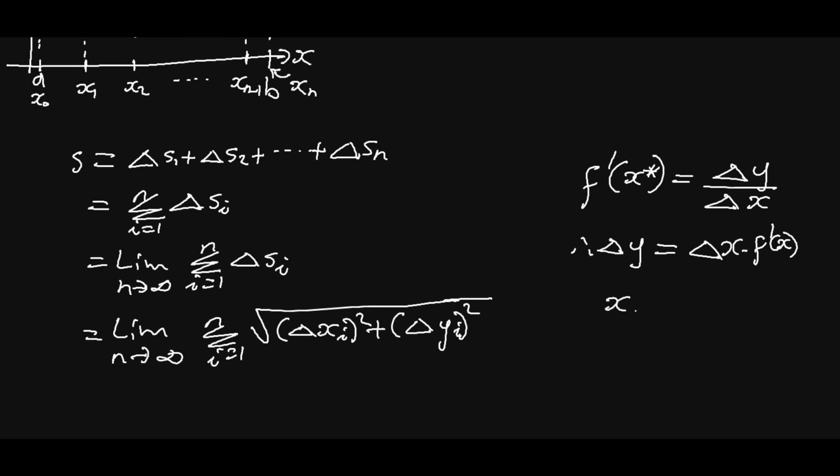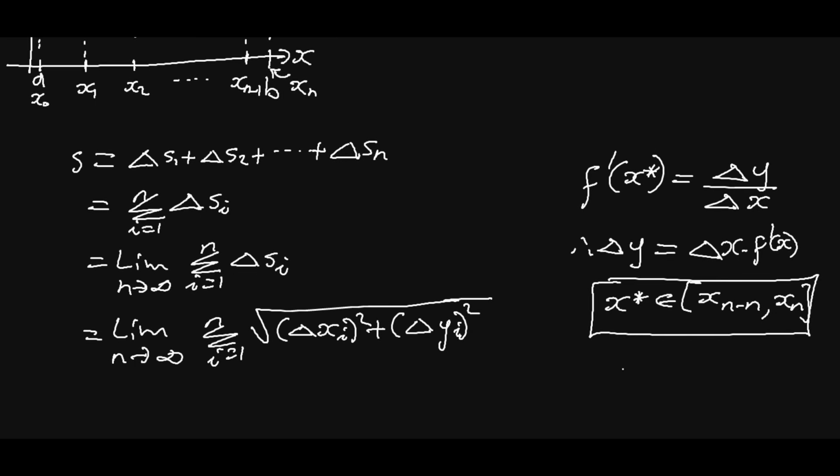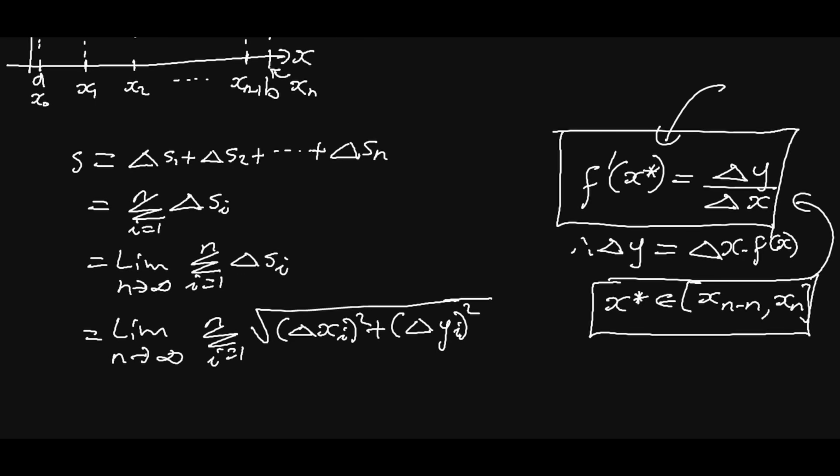So this x star here is, to make it general, up to xn. For all these infinitesimally small subintervals, the theorem says this exists, provided the derivative can be obtained at that location, that is, the function is continuous and also differentiable.